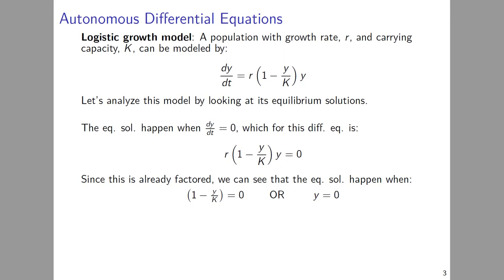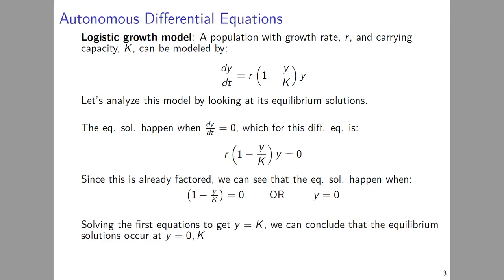Since if we multiply several numbers together and get 0, one of them must be 0, and the growth rate r must be greater than 0, otherwise there wouldn't be population growth. So one of the equilibrium solutions happens at y equals 0, and solving the first equation, we get that y equals k. So we can conclude that the equilibrium solutions happen at y equals 0 and at y equals k.